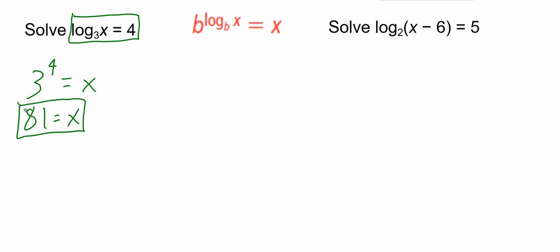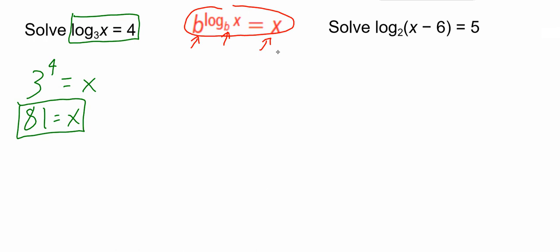But as we get into more complex logarithmic equations, it's going to be useful to utilize this property, that we can raise each side to the b, property of equality, and they're going to be the same.